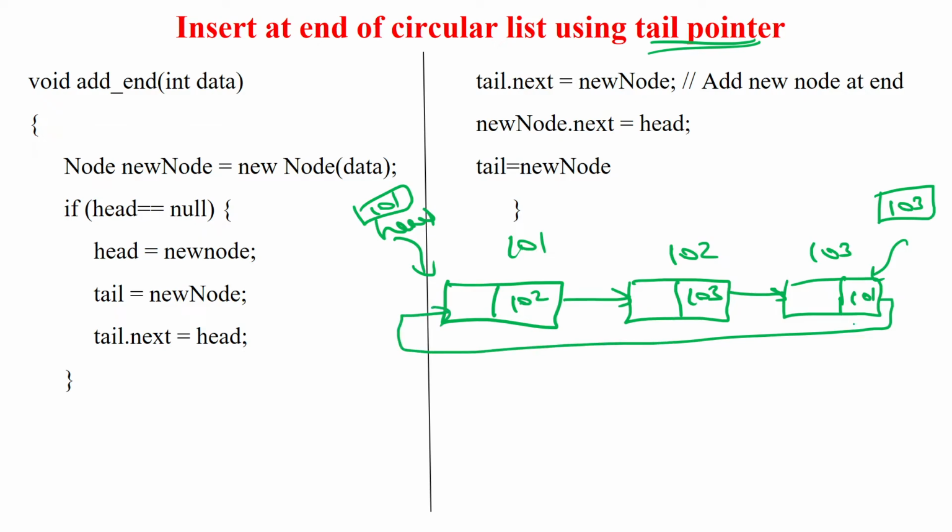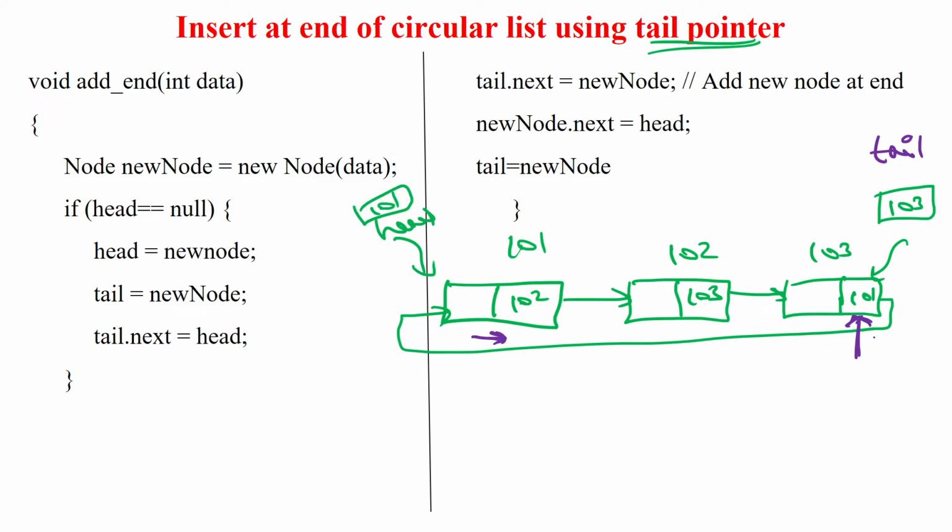Now I am going to use the tail pointer to access the list. Then I can access the tail directly without moving from the head. So I am saving time complexity. I need not move step by step.